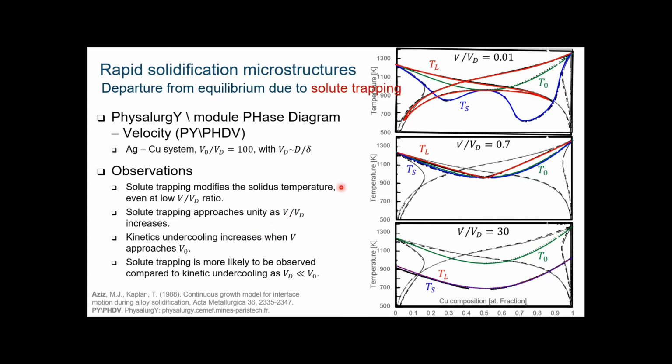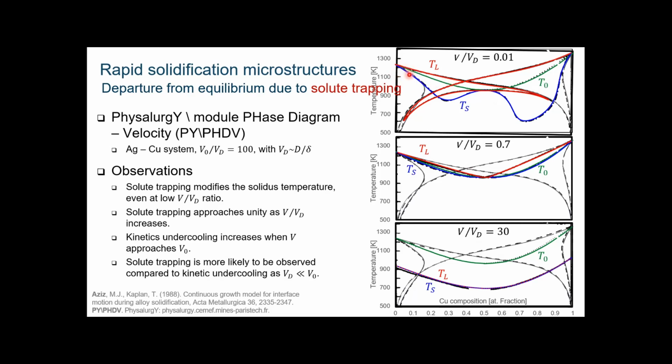Unfortunately, I have to be a bit fast. But you see here, at low velocity and higher velocity, how the phase diagram, liquidus and solidus lines will change. At low velocity, the red curve here is almost superimposed with the liquidus of the alloy.